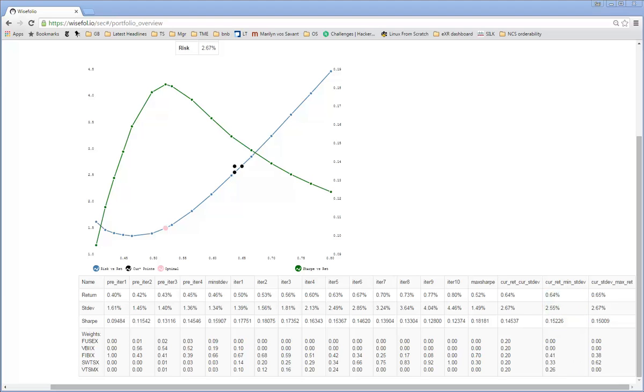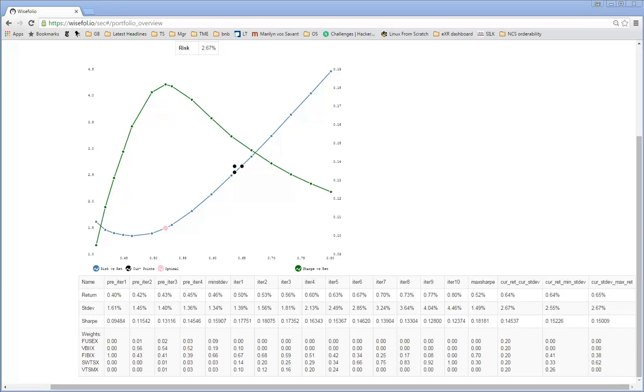Similarly, if you are already sleeping very well, that is, you can tolerate the risk of your current portfolio, what is the maximum return you can get if you hold the same risk? If you modify your portfolio weights a bit, that is, instead of 20% throughout, make that 38% in FIBIX and 62% in SWTSX, you can get a return of 0.65% for the same risk of 2.67%.